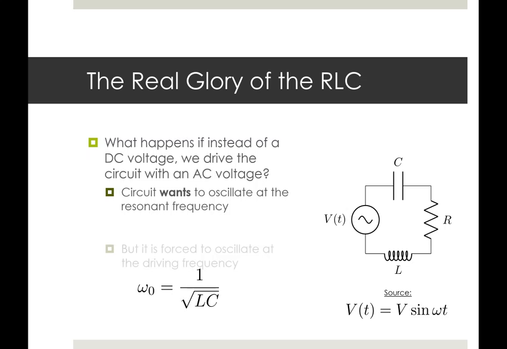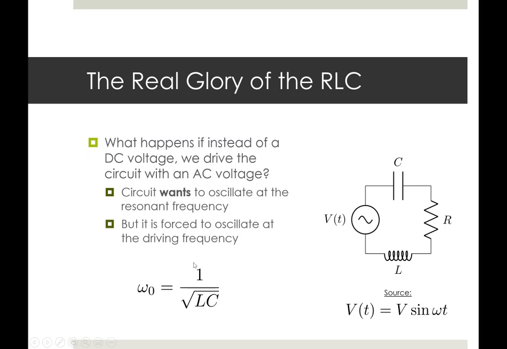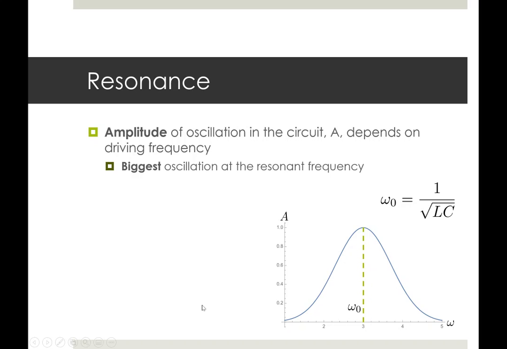But if you push at the resonant frequency, if you drive it at this frequency it wants to oscillate at, you end up getting really big results. And what we're seeing here is this conceptual behavior of the size of oscillation you get in the circuit, what I'm describing with the amplitude. The amplitude of the oscillation in the circuit is biggest when you drive it at the resonant frequency.